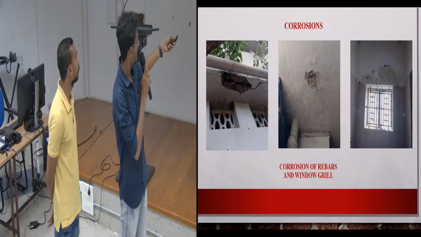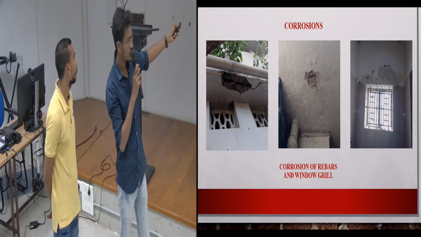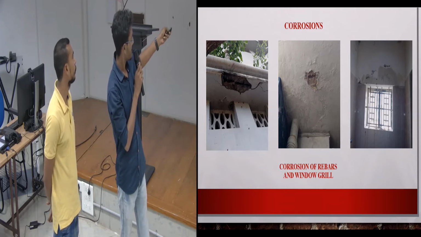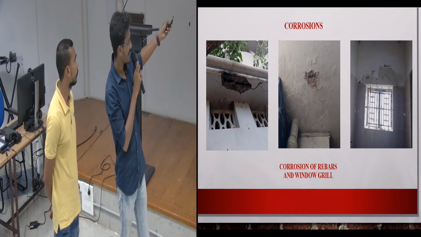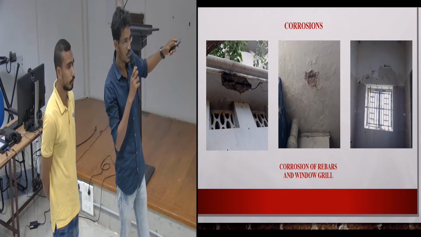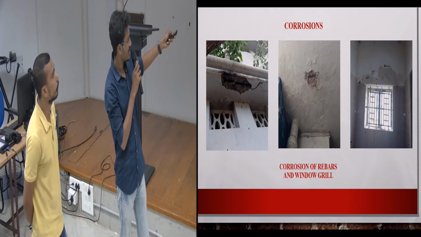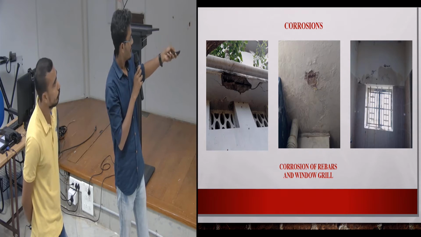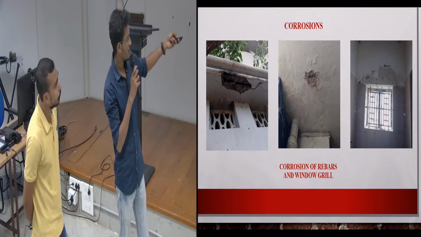On the previous slide, this corrosion may occur due to spalling of the concrete. In this case, ferrous iron is reactive with oxygen in the atmosphere, so it can corrode. So these are some major and serious cracks. This is caused by some moisture content, so corrosion will occur.